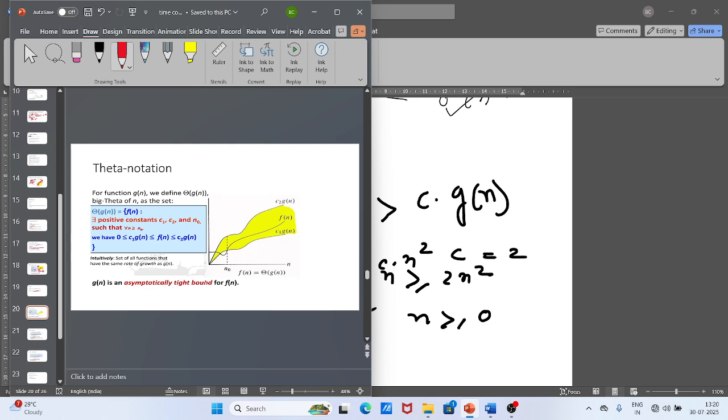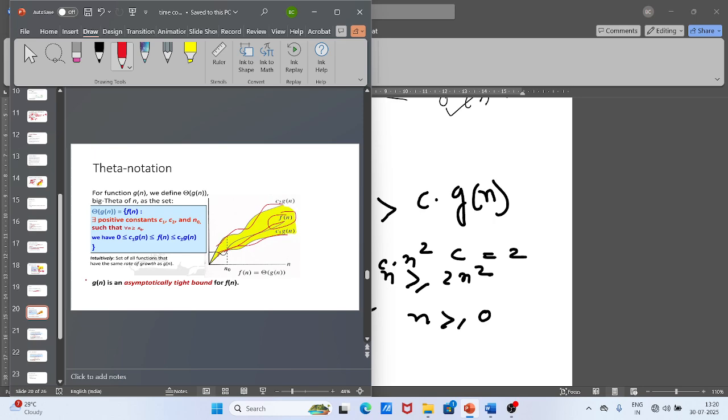For example, simple sorting algorithms like insertion sort take order of n square in the average and worst case. Now this f(n) is already given, and this is an upper bound and this is a lower bound. For the average case we use theta complexity.